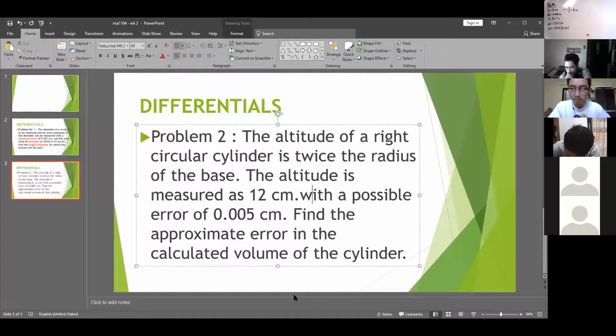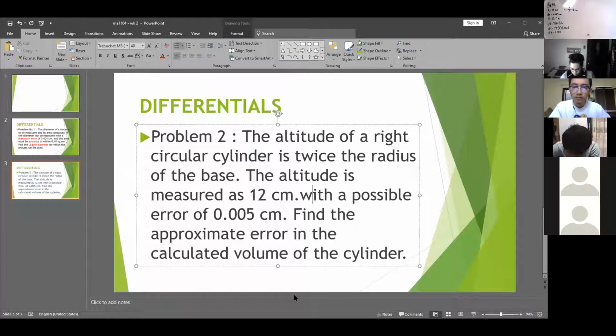So what will be the value for the volume with the approximate error? 0.19. Very good. So dV equals 0.188 actually.